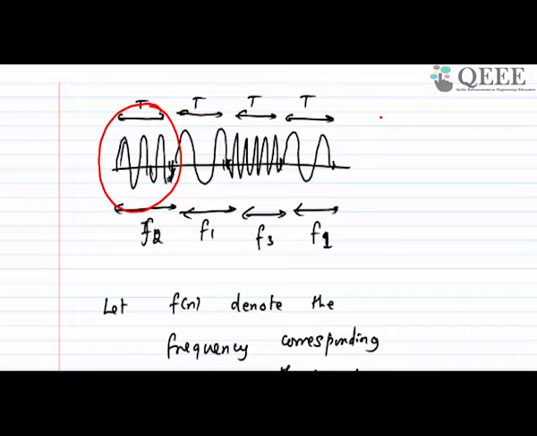So your symbol duration is 1 millisecond, but if you have frequencies 100, 101, 102 and 103 as 4 different frequencies, then they may not be differentiable in this particular duration of 1 millisecond. The symbol duration is only T seconds. So within T seconds you should be able to differentiate clearly these 4 frequencies so that the receiver can look at this waveform and understand what frequency it is.